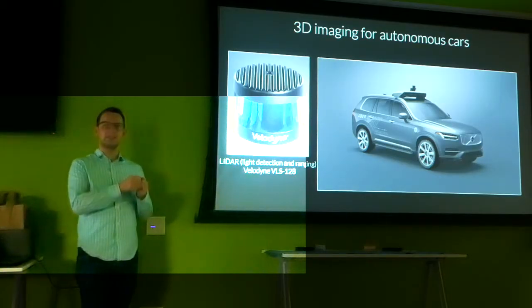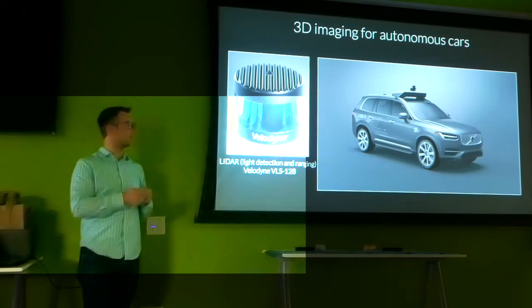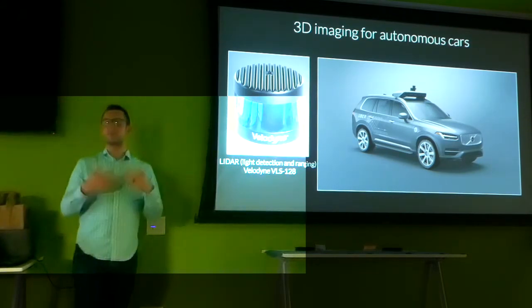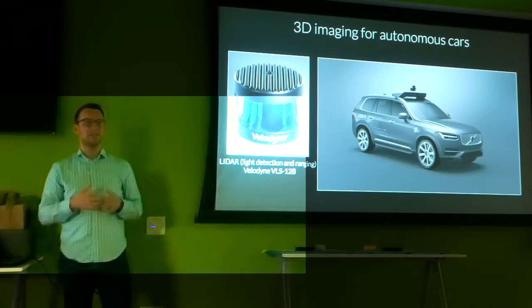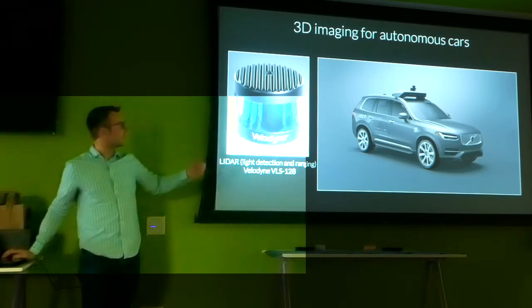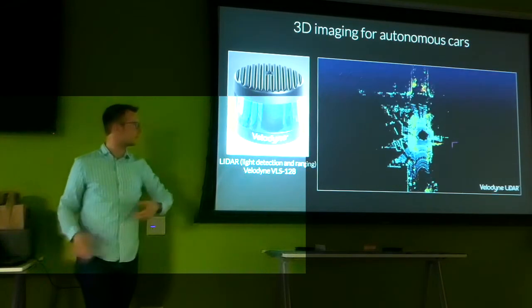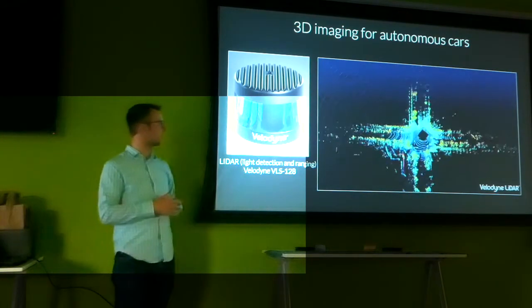In this case we're imaging light and measuring how long it takes for light to travel to a point and return, and then based on that speed of light time delay we can determine distance. This is how LIDAR works, and you frequently see these sensors on the tops of self-driving cars. The output you get from these sensors looks something like this.